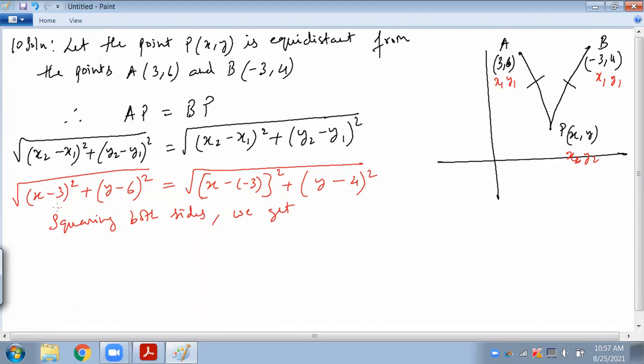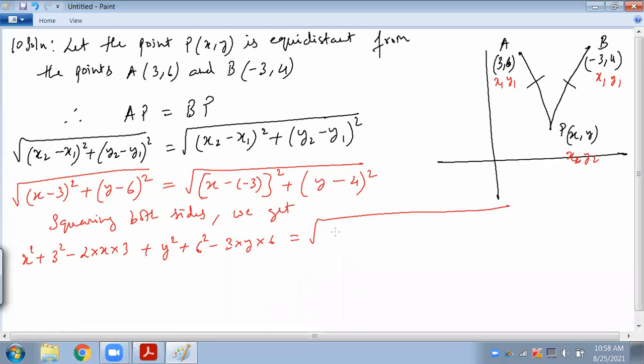What is there? (x minus 3) square. So (x minus 3) square is just like (a minus b) whole square. Apply the formula: a square plus b square minus 2ab. Plus (y minus 6) square, again just like (a minus b) whole square: y square plus 6 square minus 2 into y into 6.